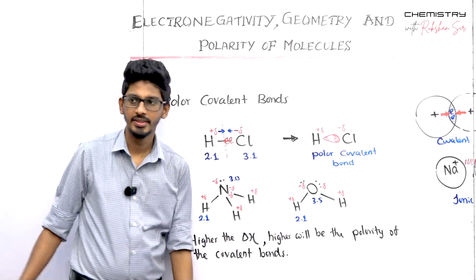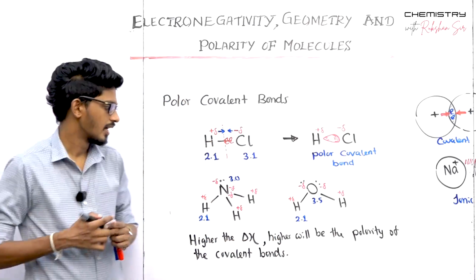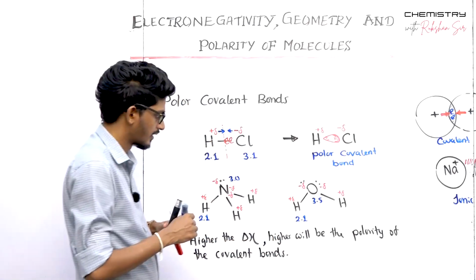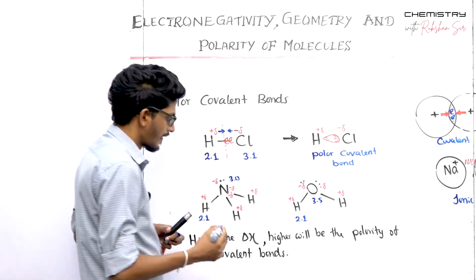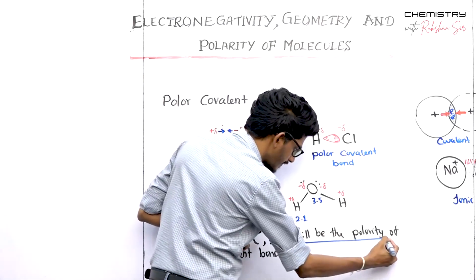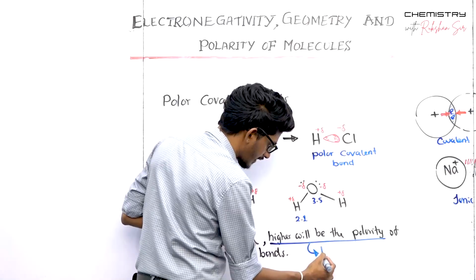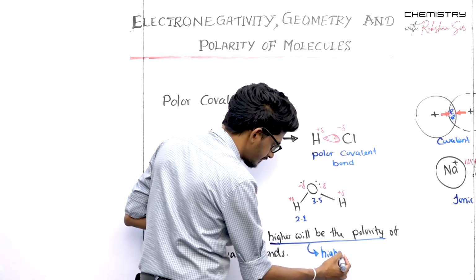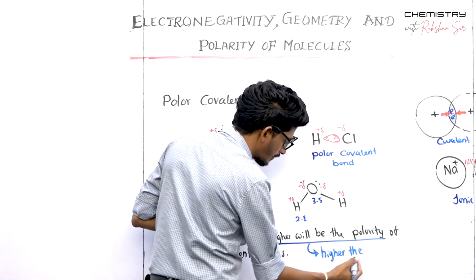Higher the polarity means higher will be the ionic character of the covalent bond.